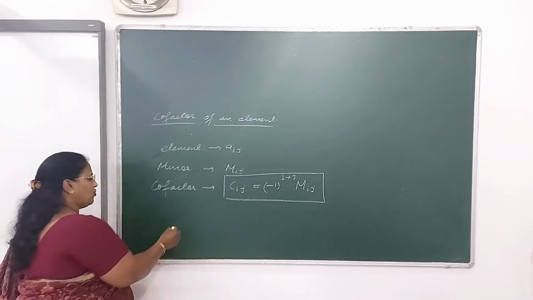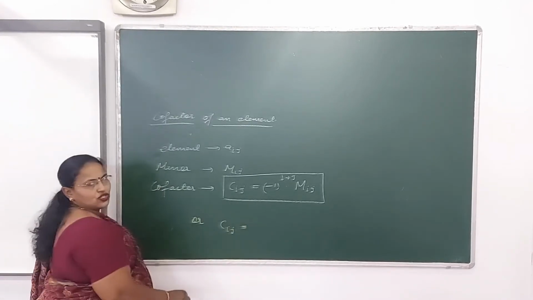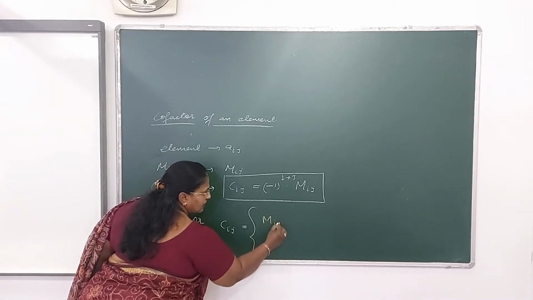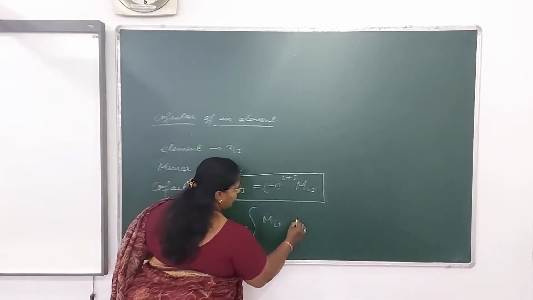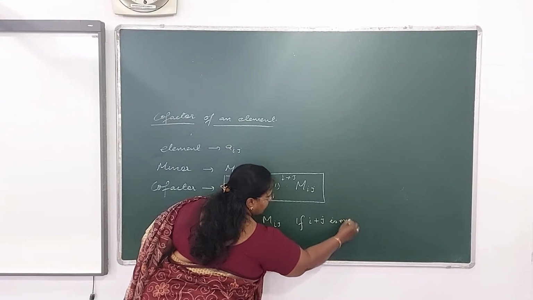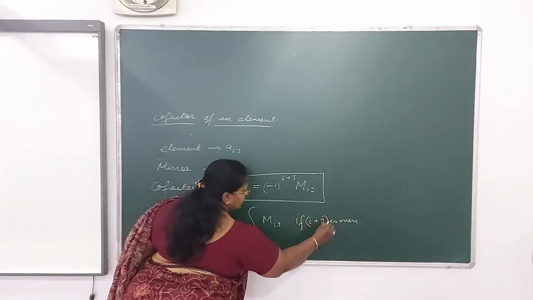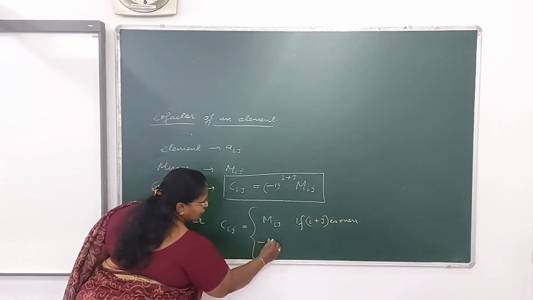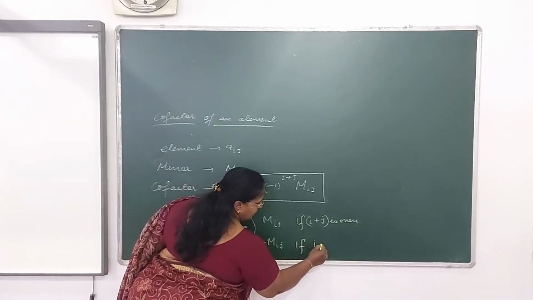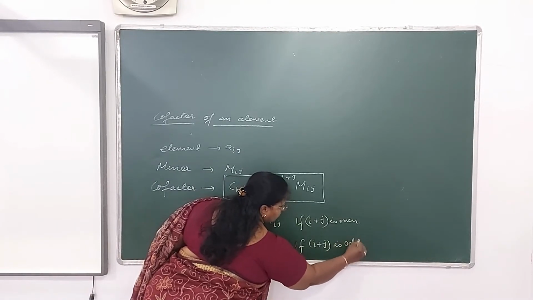Or the other way, you can define Cij as equal to plus Mij, the condition applied if i plus j is even. Second condition, minus of Mij if i plus j is odd.